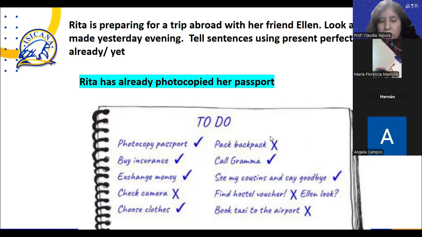Okay, because we have a tick, yes, it means that she has already, yes? So we are going to leave yet for the sentences that had a cross, ¿sí? Las que tienen una X. So we are going to put yet in the end, yes? Okay, María Florencia sería entonces Rita has already chosen clothes.